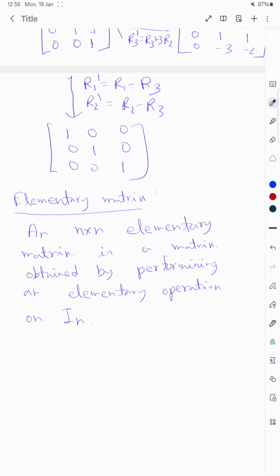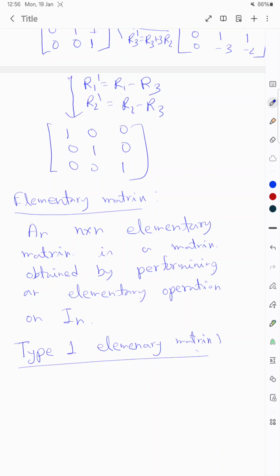Basically you have seen earlier there are 3 types, right? For example, if I say type 1 elementary matrix, how does it look? Type 1 is actually interchanging of any 2 rows.